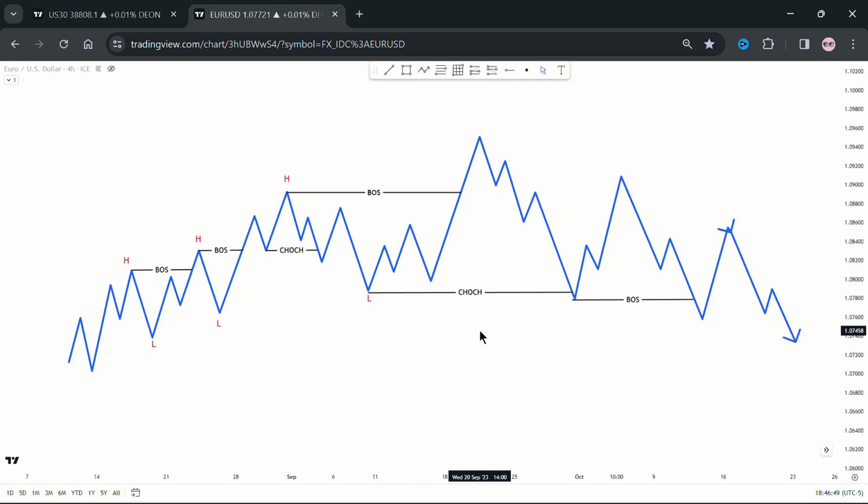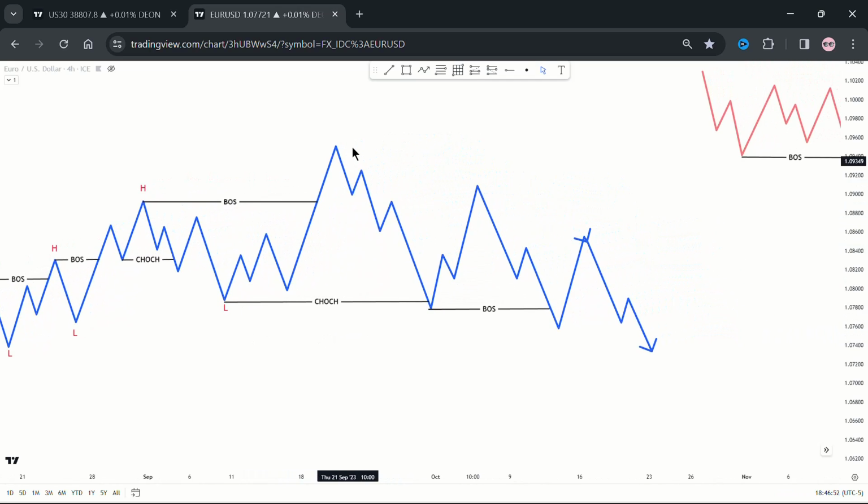All right, here again, you can clearly see it broke structure and then started coming to the downside. It's coming here, it took out this low. This is where your inducement is. Now let's concentrate on this movement right here.